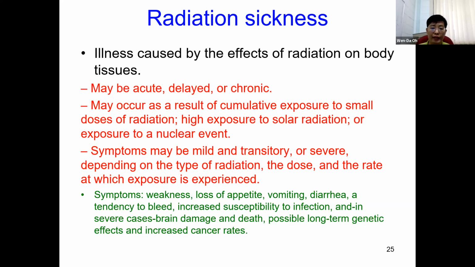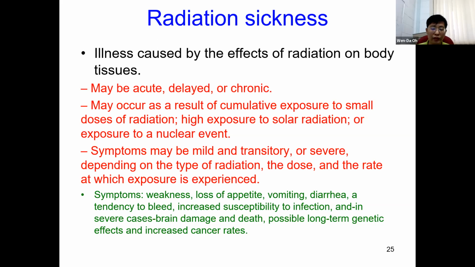I don't know whether you have seen that or not. There's a sensor that people wear on their body, and if that sensor turns a very dark color, black, then we know that the radiation level is very high. We have already been exposed to it, and we have to get out from that area.